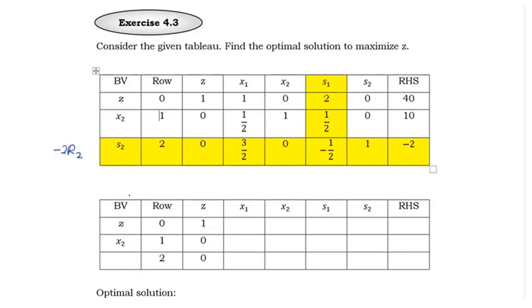These are the new elements in row 2. Next, we update row 0 and row 1 by these EROs: R1 minus 1 over 2 R2 and R0 minus 2 R2. The new row 0 and row 1 are shown in this tableau.